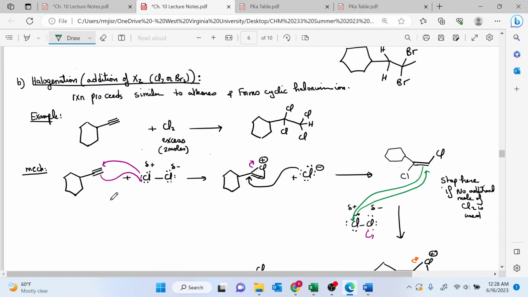But the difference here is that the triple bond has two pi bonds. So if I am opening up one pi bond to make the cyclic chlorinium ion, the other pi bond is going to stay there. This is the only difference here. So I am making the cyclic chlorinium ion, but this is going to be an alkene.